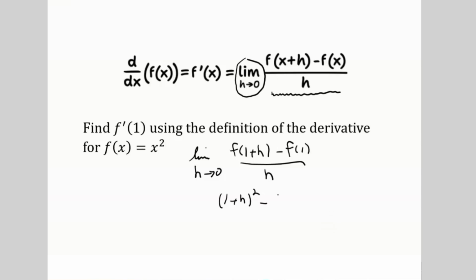Well, f of 1 is 1, all divided by h, and again, we're taking the limit as h approaches 0.